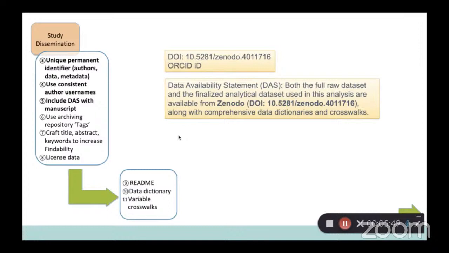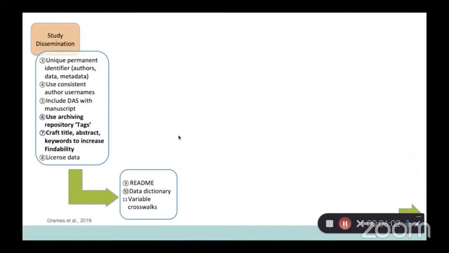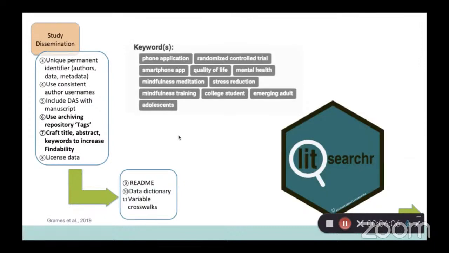It is really important. Another highlight of doing this is that your data can also be cited in addition to your published version of your manuscript. So the next steps, when thinking about study dissemination, are how to maximize the reach of your study so that it will be identified in literature searches for your research.